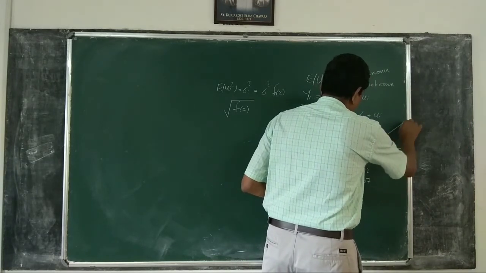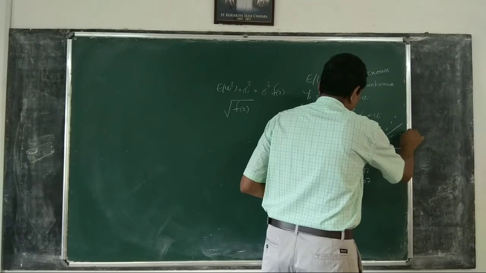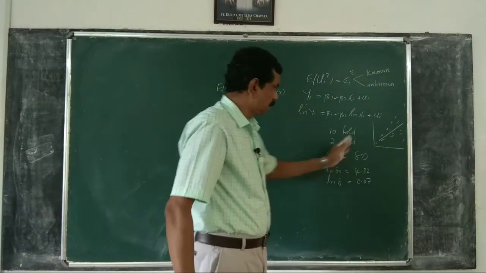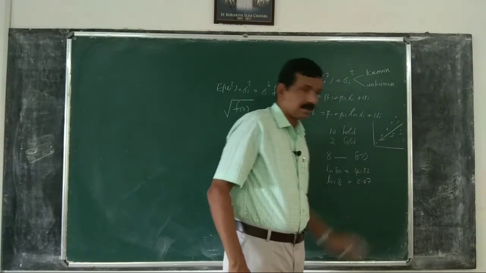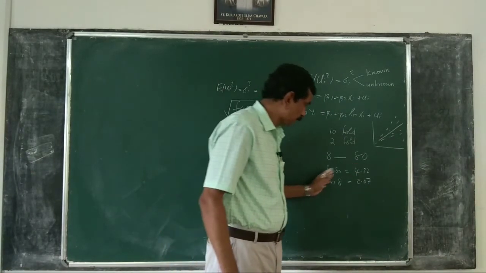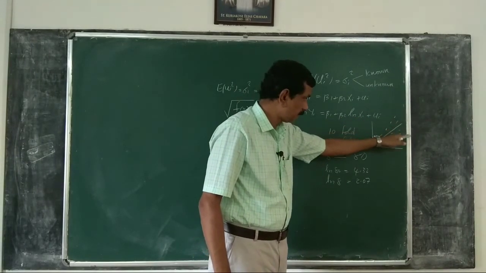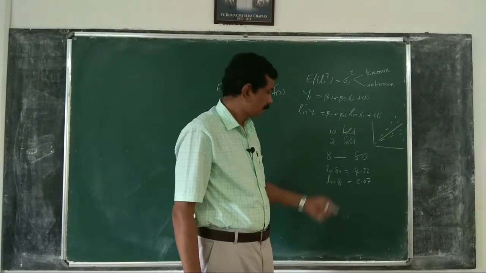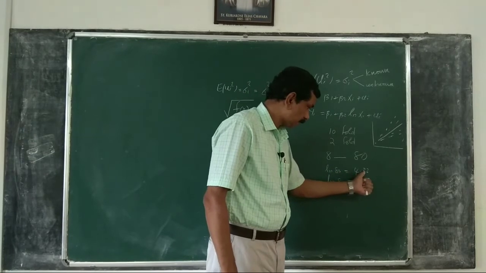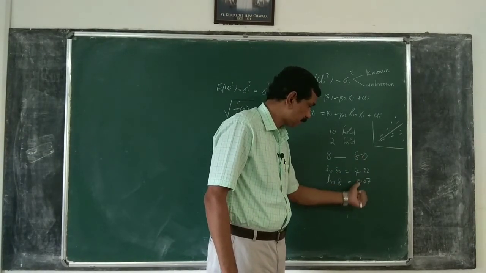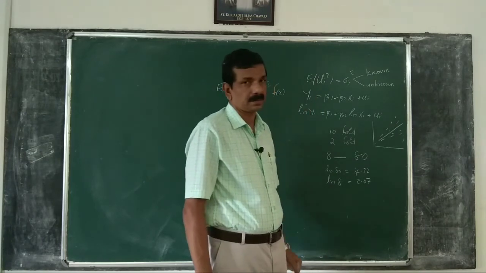The heteroskedasticity pattern is like this: as the value of x increases, and if the model is specified in log terms, it compresses the high-end values considerably, because ln 80 is only about 4 and ln 8 is about 2. So a tenfold difference is compressed into a twofold difference.